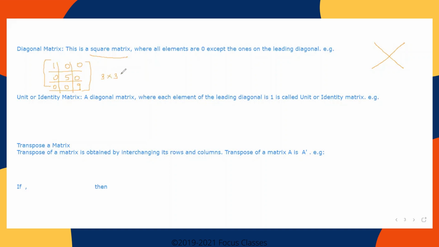So we can call it a square matrix. All the elements are 0 except the ones on the leading diagonal. Okay, so just observe here 1, 2, 3. So these three parts consist of a number. The remaining elements are filled with 0.